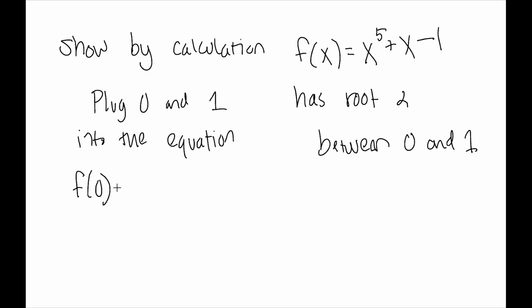So f of 0 is just negative 1. F of 1 is 1 to the 5th, or positive 1.